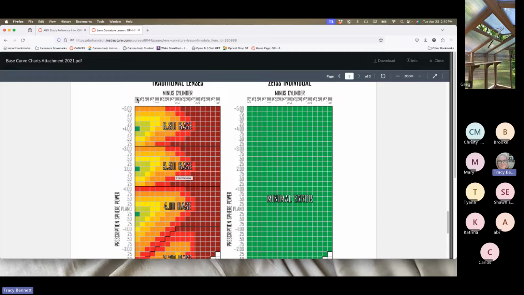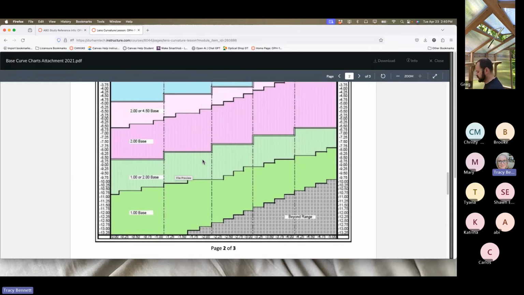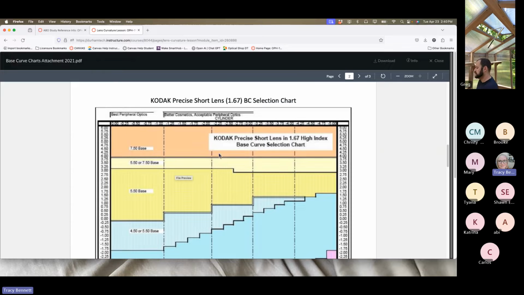I think that is kind of a placeholder so that if you have a +5 sphere, then this is your block. If you have a +5 and a -1/4 in the cylinder, then this is the block. If you have a +5 and a -50 or -75, -1, so it kind of goes up like that. But usually that sphere is going to be on the left side and the cylinder will be on the top. A lot of times they're marked. On this particular one, it just lists the cylinder.